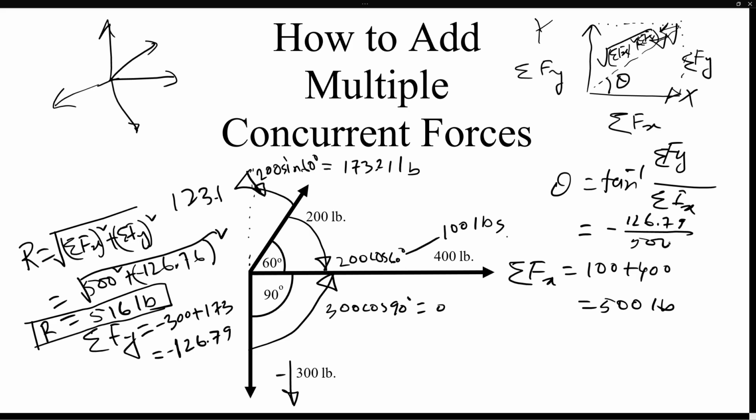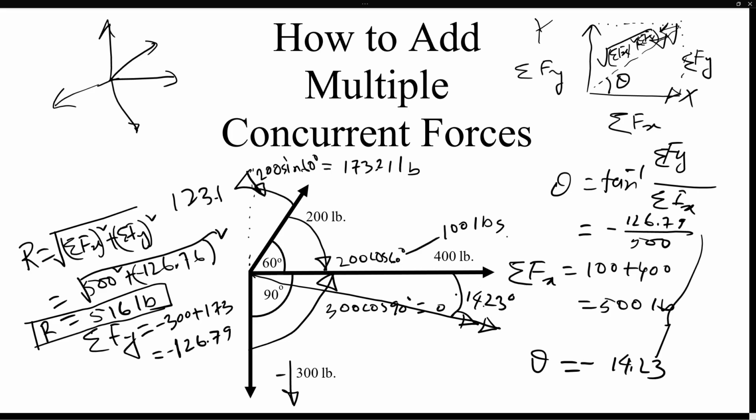So I calculated theta to be minus 14.23. So it's going to act approximately in this direction. That's the total resultant of these three forces, at 14.23 degrees with the x-axis, a negative angle.